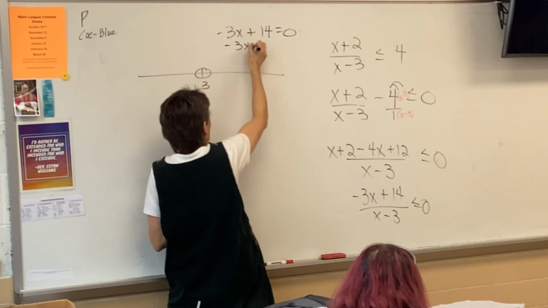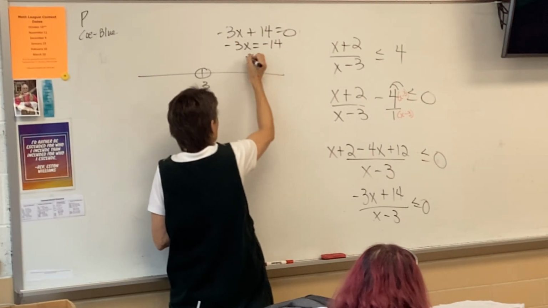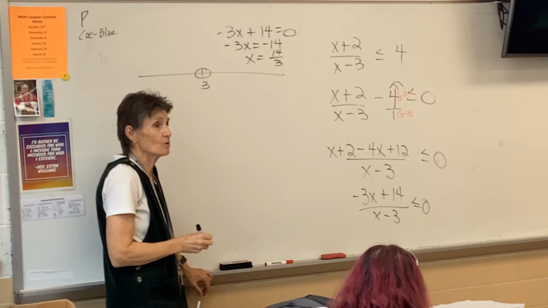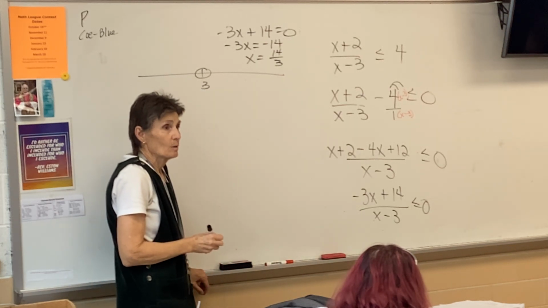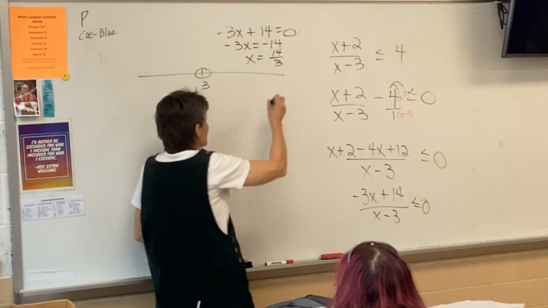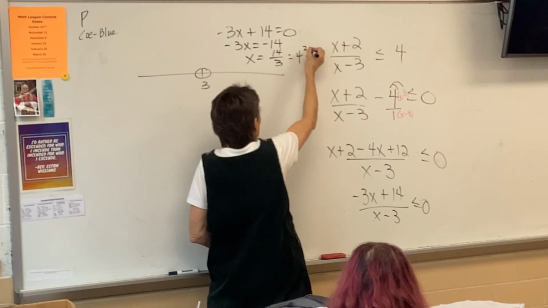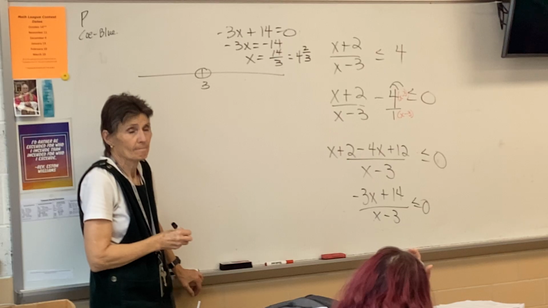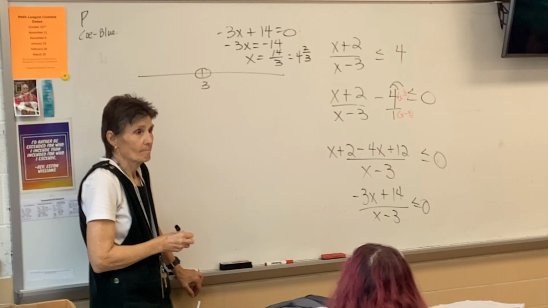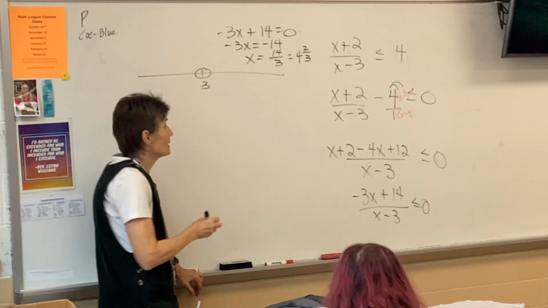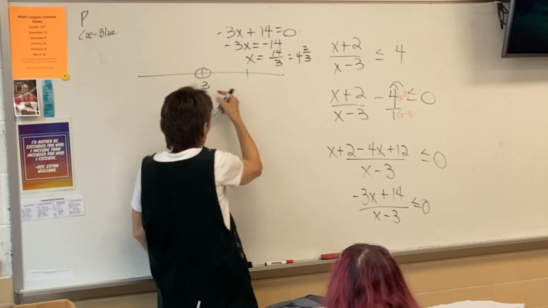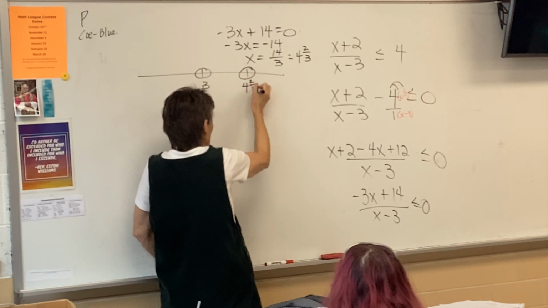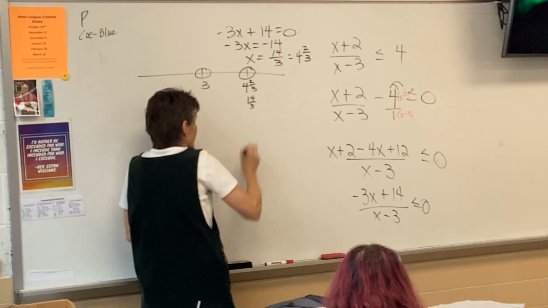So negative 3x equals negative 14, and x equals 14 thirds, which is 4 2/3. So I have my dot at 3, and now I have a dot at 4 2/3, or 14 thirds.